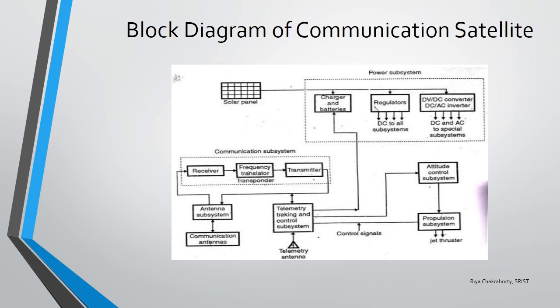Now the basic block diagram of a communication satellite. In the diagram, all the major subsystems are illustrated. The solar panels supply the electrical power for the spacecraft. They drive regulators that distribute DC power to all other subsystems, as you see in the diagram, and they charge the batteries.